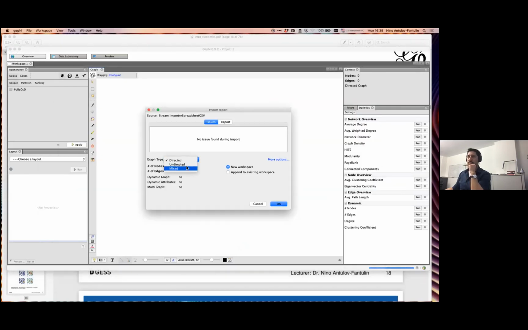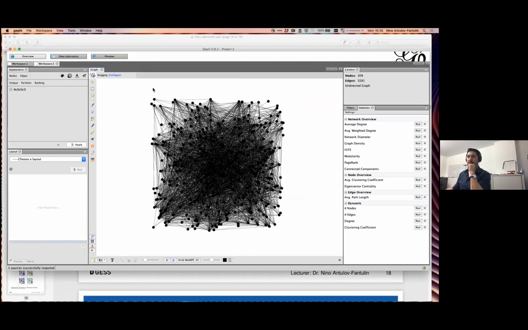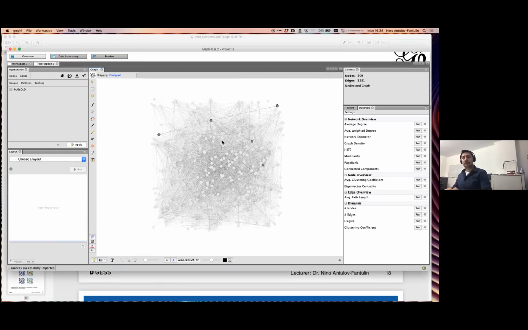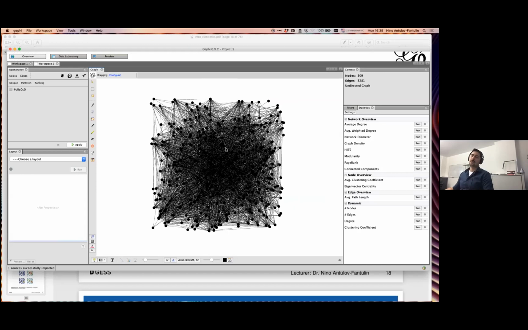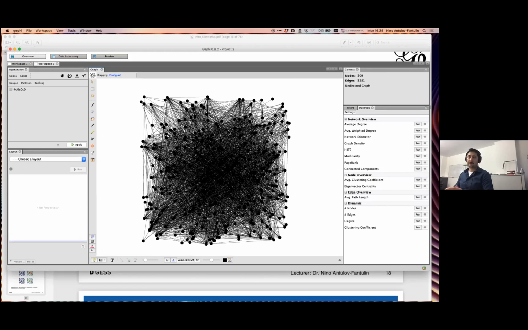Here we say that this is an undirected graph. Now we have the graph inside of this tool. You can think of Gephi as a Photoshop for graphs. We have imported the network, but we don't have any layout. So what is a layout? A layout means that we are assigning certain coordinates to each node.